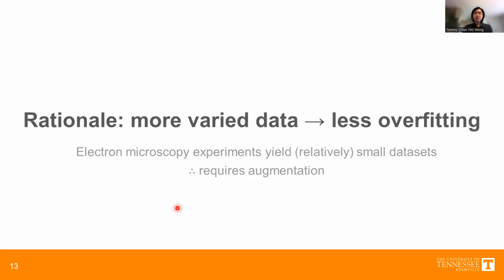Just before we go over the inner workings of how to do that, the rationale for wanting to do data augmentation, which is the term for artificially changing your data to generate more data out of it, is that if you have a more varied data set, your network is less prone to overfitting, which means it has better generalization power.